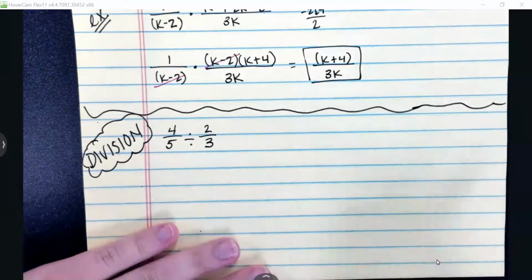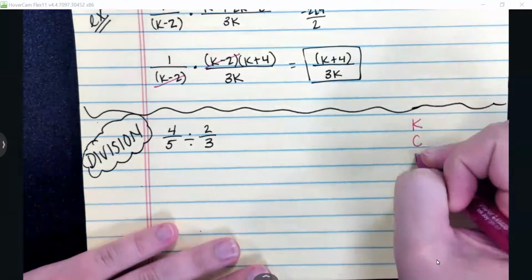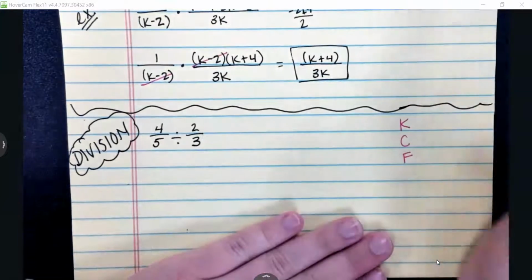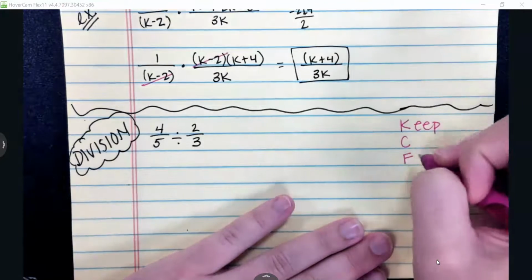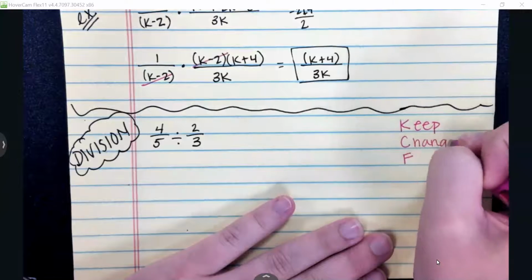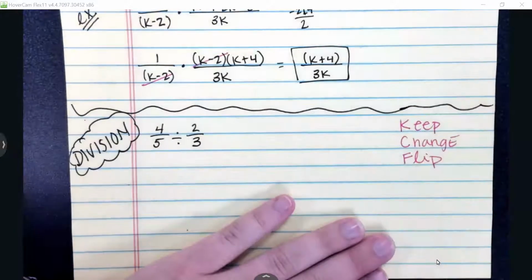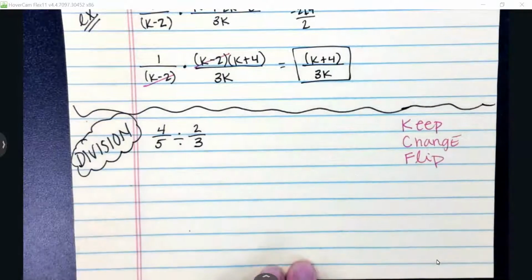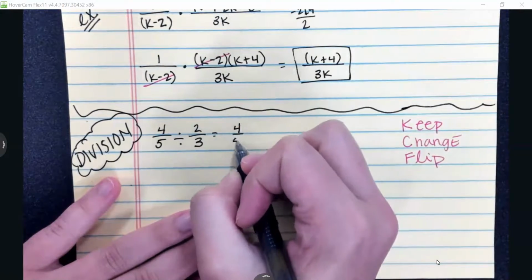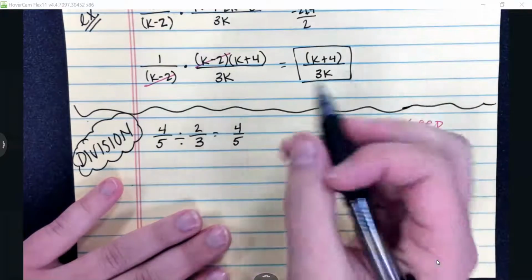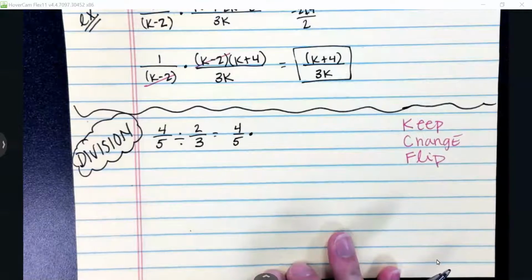You do have to flip one. It is called KCF. You are going to keep the first fraction, change the symbol, and flip the last fraction. So I'm going to keep my first fraction, 4/5, change from division to multiplication, and flip my last fraction.